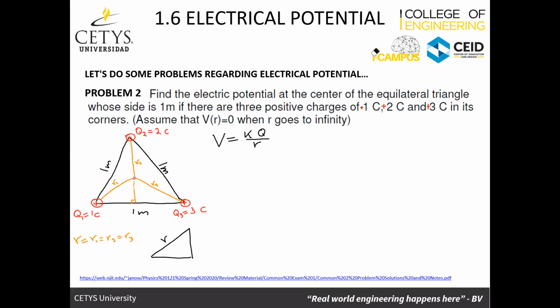What other information do I have in that right triangle that I just created? The angle, what would the angle be? Well, this angle would be 90, correct? But 45 and 45? No, 60, 30. Oh, yes. Okay, so if the triangle is equilateral, all of the angles have to be 60 degrees inside.